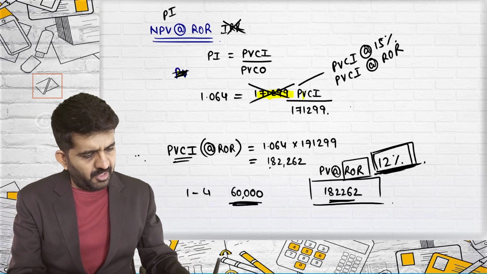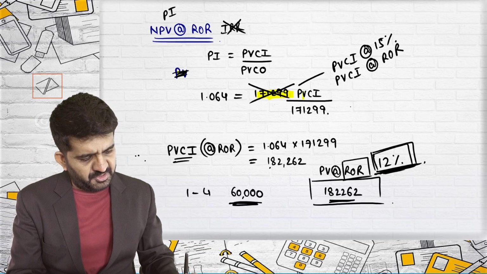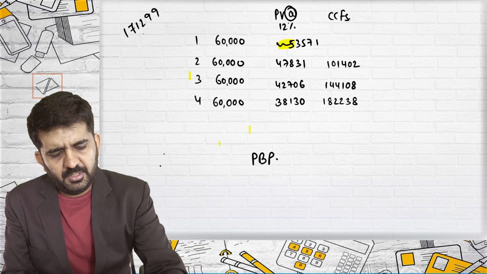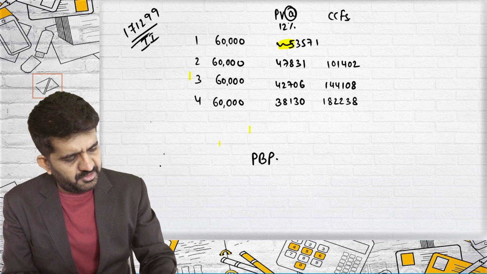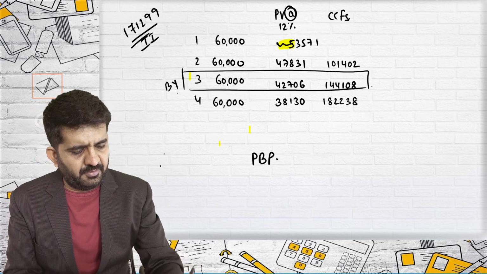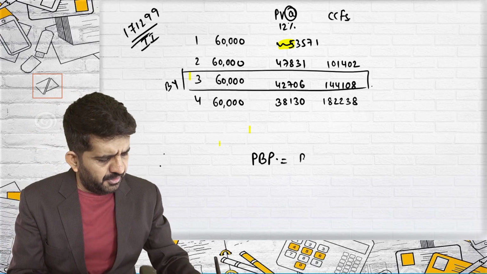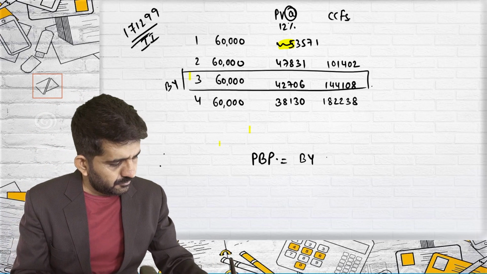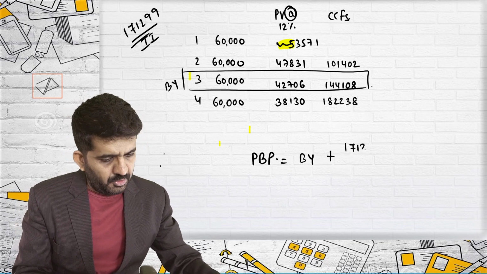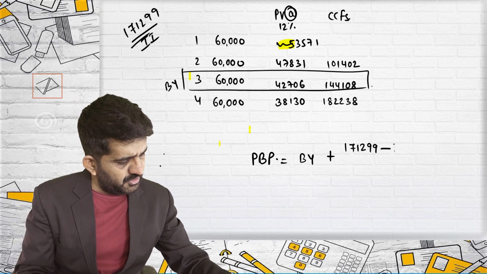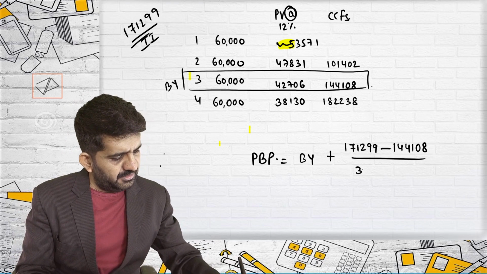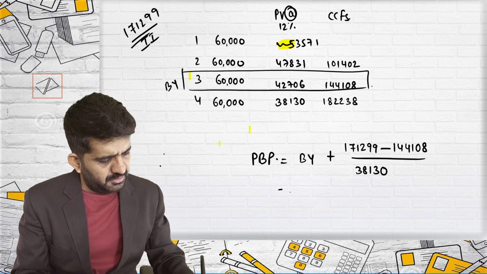I want to recover how much? Initial investment, 171,299. It will be recovered after 3 years, so the base year will be 3 years. Payback period will be base year plus 171,299 minus 144,108 divided by 38,130.